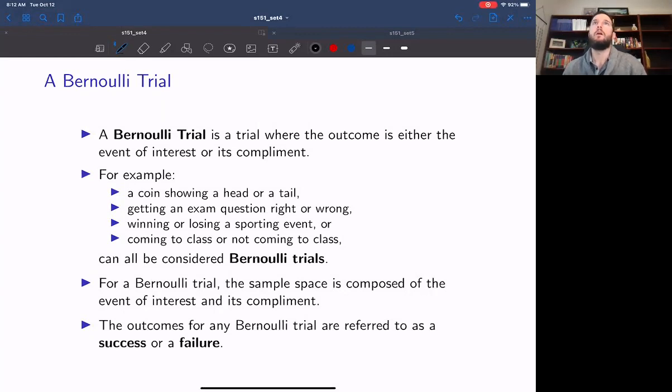Now there's a lot of different situations where we can set up Bernoulli trials. A lot of the time it requires a little bit of manipulation or an understanding of how it could be a success or failure. But for example, a multiple choice question on a test, one question, is typically a Bernoulli.